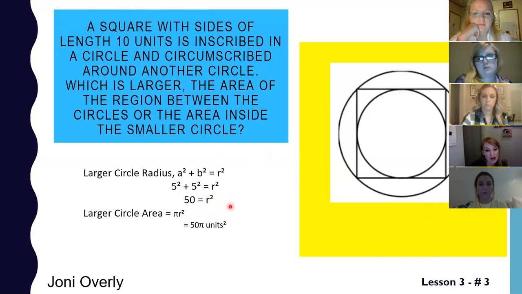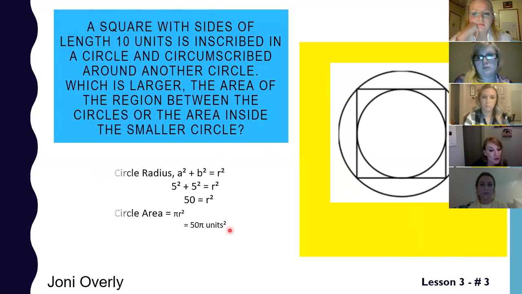So now we're going to find the area of the larger circle. We substitute that 50 for r squared, and the formula is pi r squared. So that's going to be 50 pi units squared.